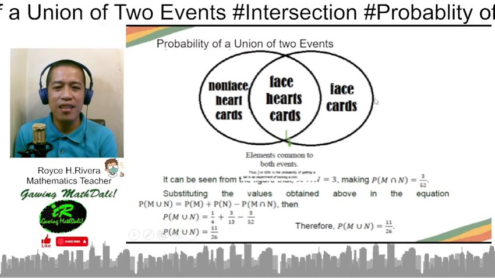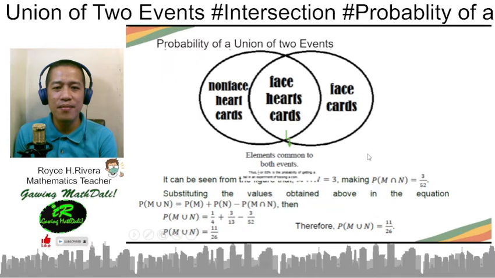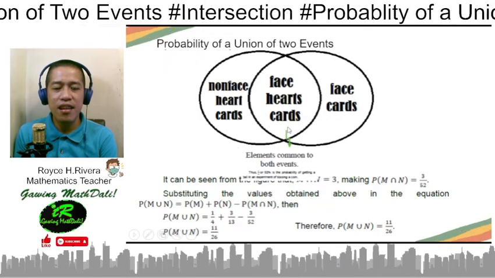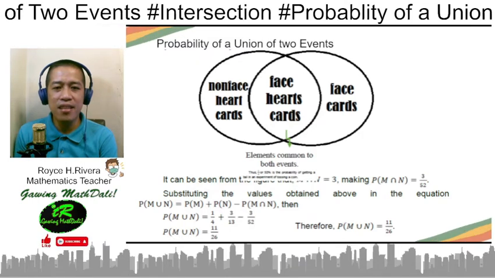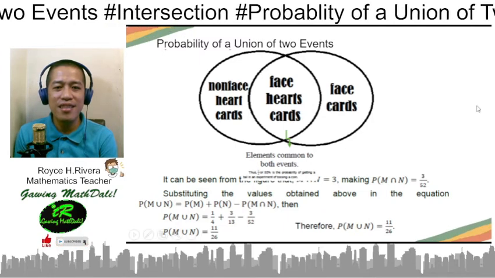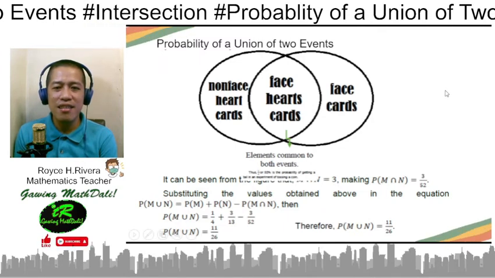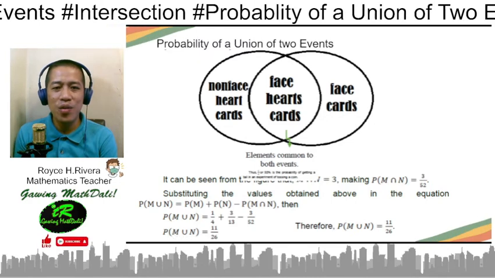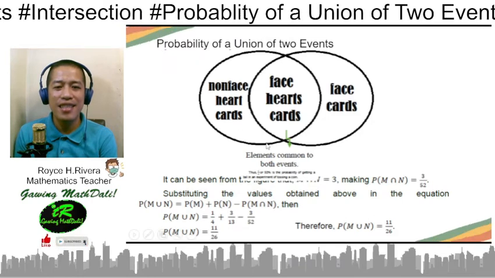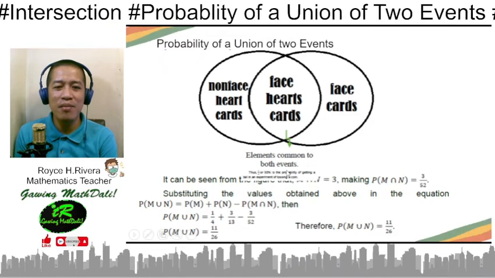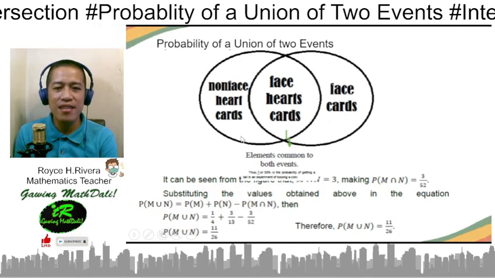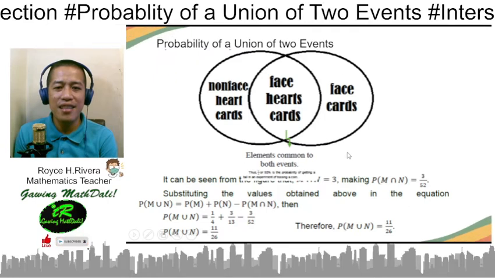So to answer that, look at this illustration. There are face cards that are also hearts card, namely Jack of Hearts, Queen of Hearts, and King of Hearts. So those are the elements common to both events. Heart cards and face cards.